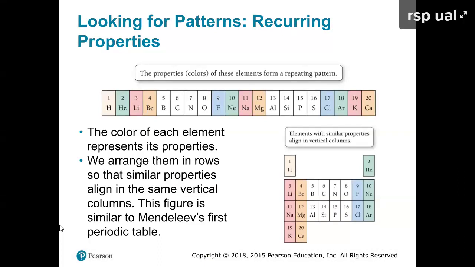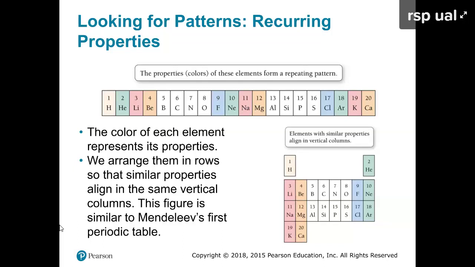Now, Mendeleev ultimately used atomic mass, the mass of an element, to organize his order and help to find patterns. It was later discovered that that was kind of in error, but he didn't have knowledge of atomic number yet.